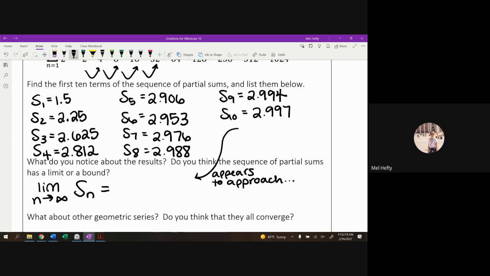All right. Are your partial sums kind of similar to mine? Not even close. Way to own that, though. I like it.